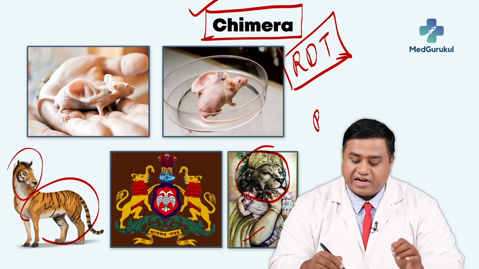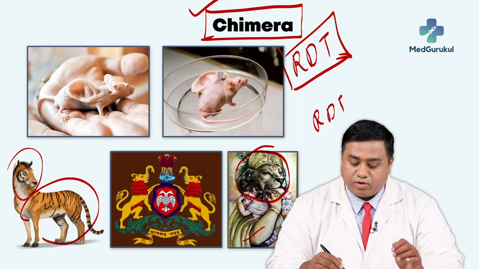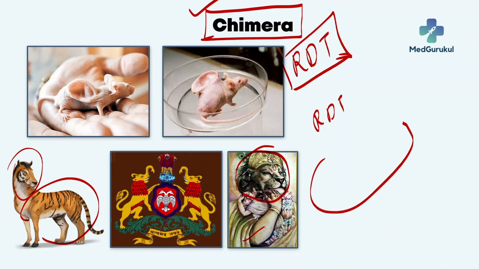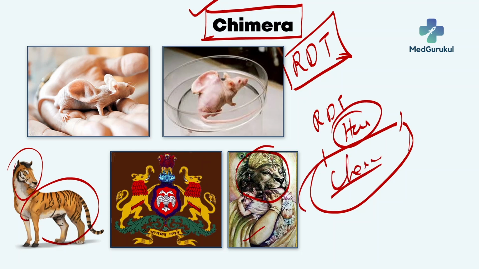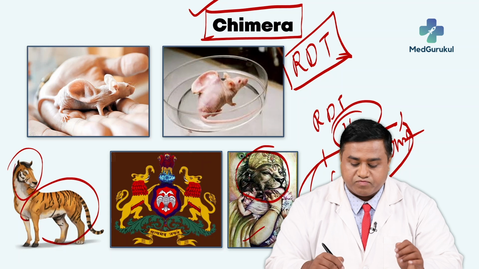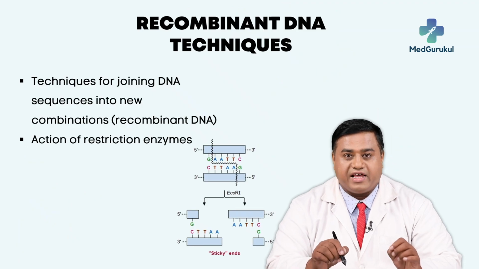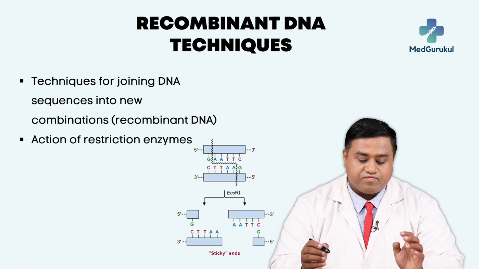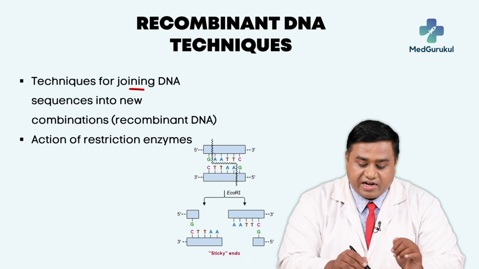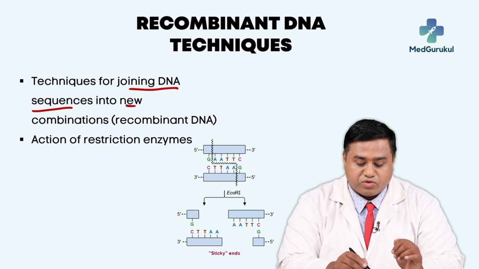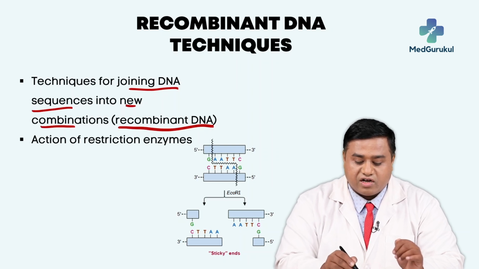In RDT also there will be a bacterial gene, inside that there will be a human gene. So, a bacterial gene with a human gene is a chimeric DNA sequence.